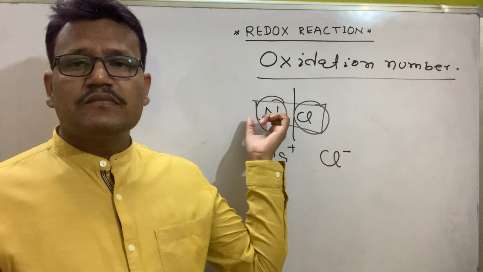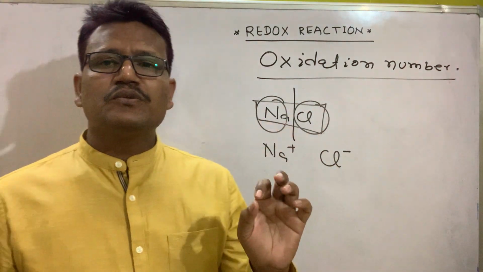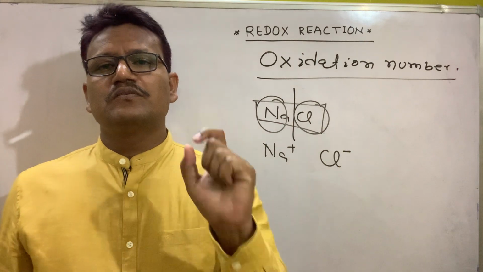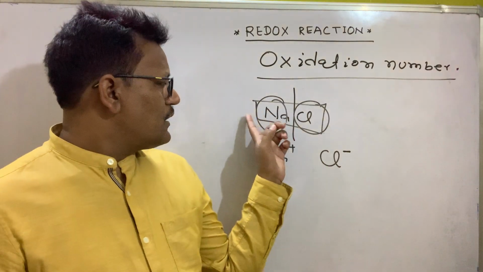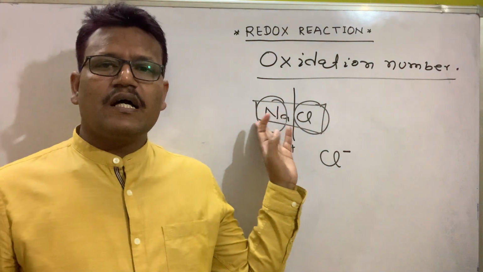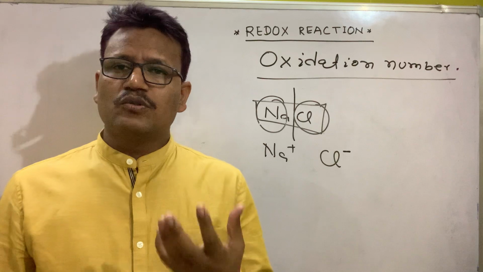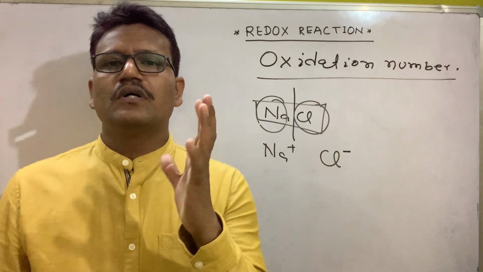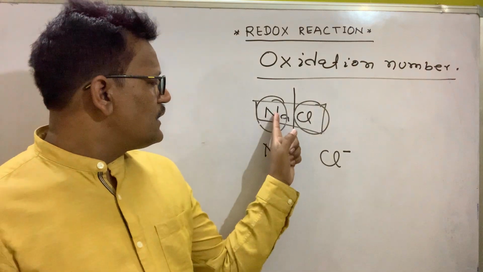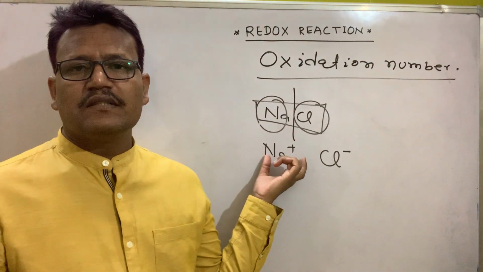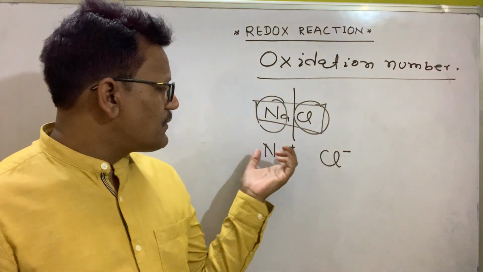Similarly, sodium is a metal, and a metal has to lose 1 or more electrons. Sodium has 1 electron in its outermost shell, and it loses 1 electron, forming the Na plus ion, that is a cation, the sodium cation.